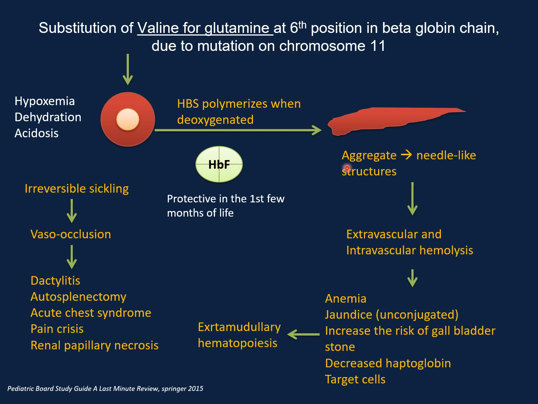On the other hand, there are two forms of sickle cell disease: either presenting with hemolysis, or irreversible sickling and thrombosis. When the cell sickles and does not go back to normal, it will cause vaso-occlusion or thrombosis. If this vaso-occlusion is in the small bones in the hands and feet, it will present with dactylitis, and this is the common presentation during infancy and in the first 2 years of life.